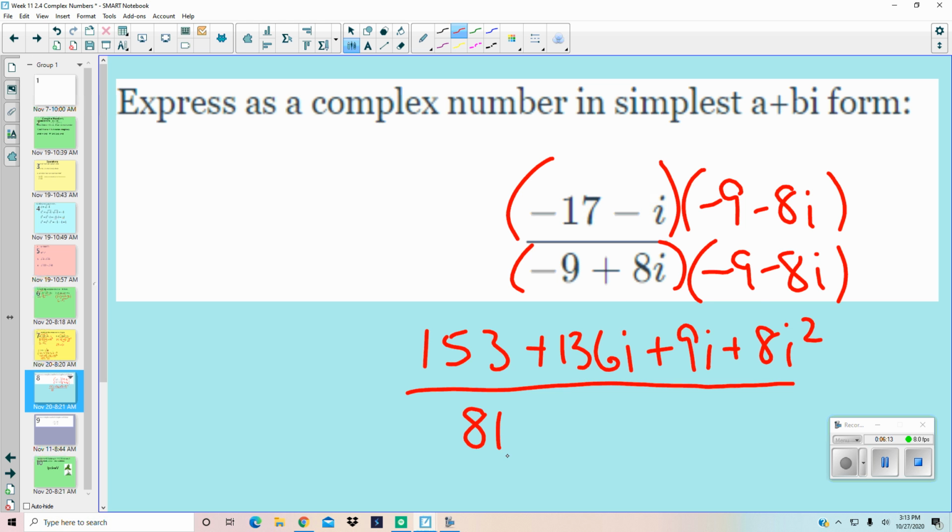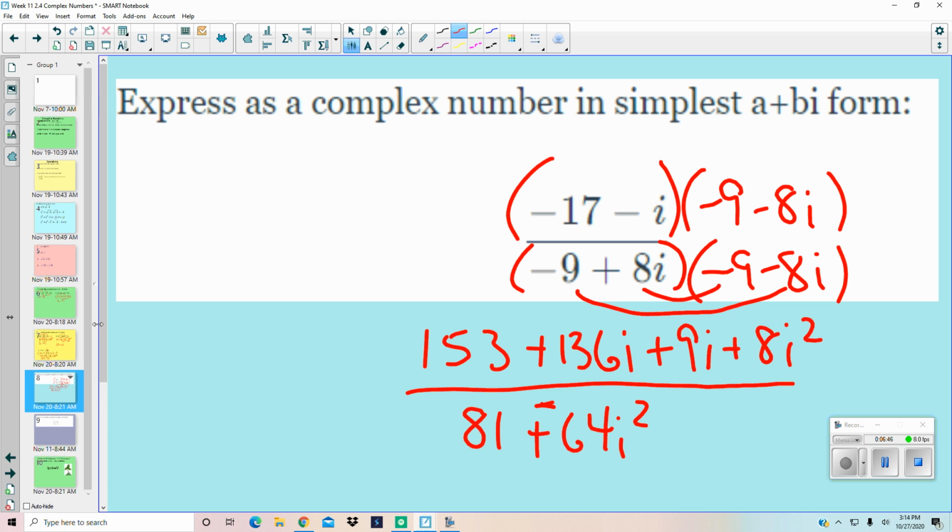Because I multiplied by the conjugate, the inside and the outside will always cancel. And then 64. Let me erase that. Oh, gracious, it's not going to be plus, it's going to be minus because it's positive 8i and negative 8i.